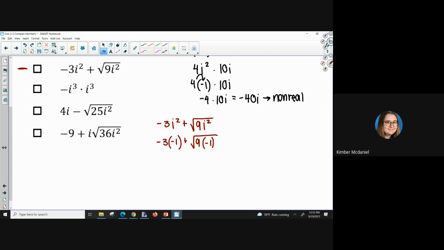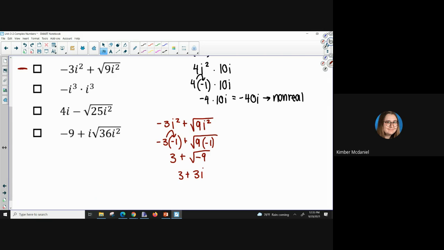-3 times -1 gives us +3. 9 times -1 is going to give us -9. And earlier, Brittany, we said the square root of -9 was what? 3i. Can we combine 3 plus 3i? Can we combine those? No. No, because they are not what?